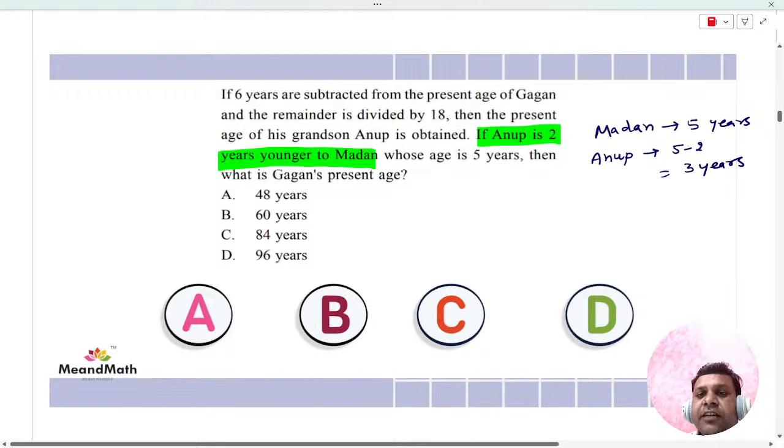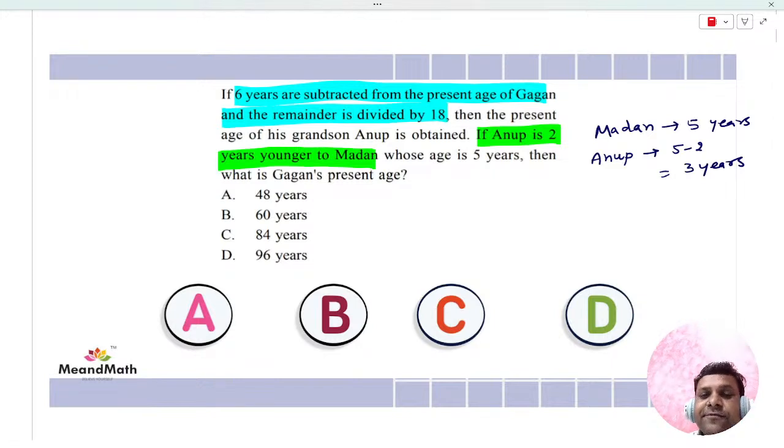So Anoop's age will be 3 years. Now this line gives you the age of Anoop.